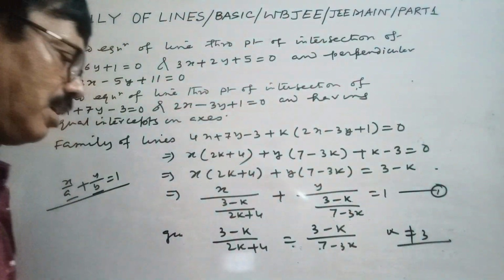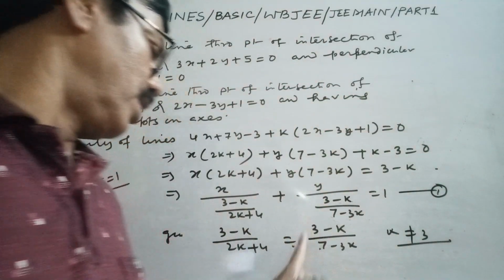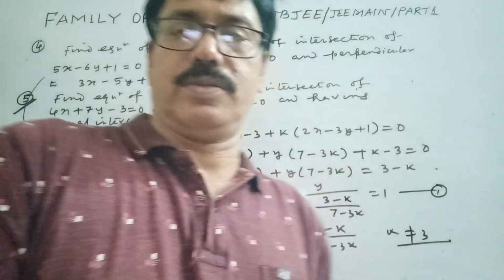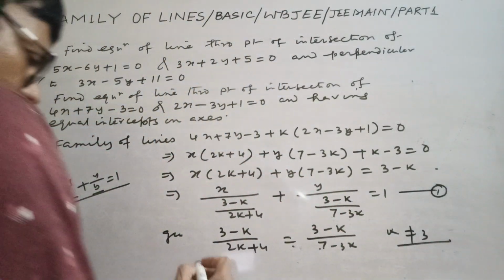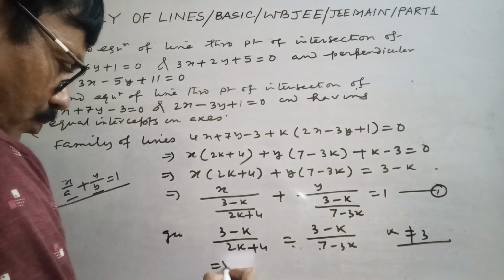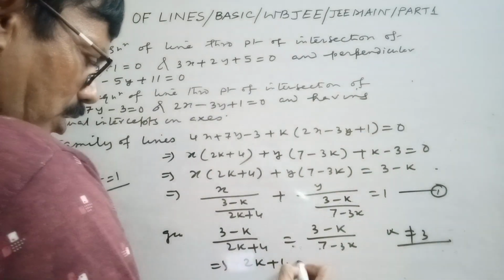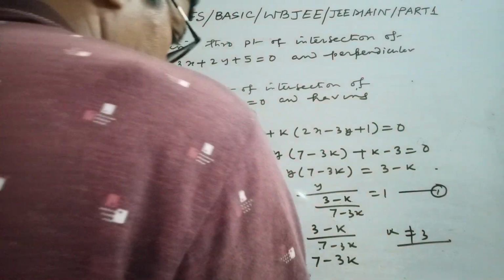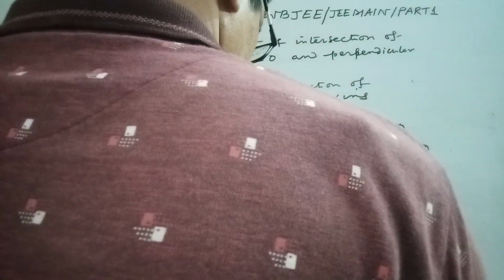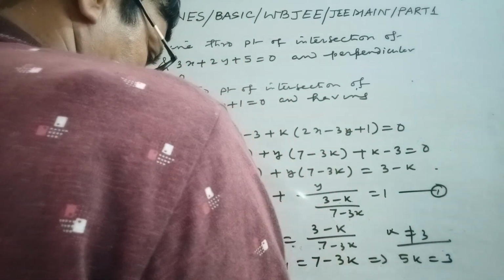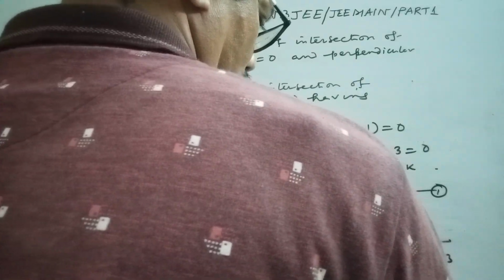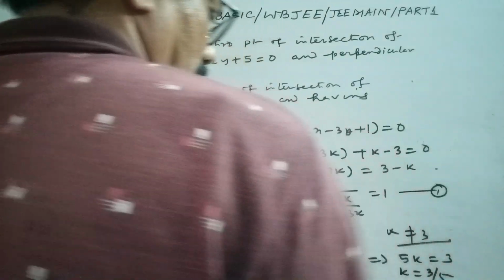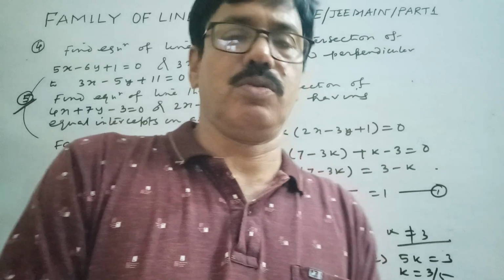Here k not equal to 3, because if k equals 3, then intercept will be 0. Now this implies 2k plus 4 equals 7 minus 3k. So 5k equals 3. So k equals 3 by 5.